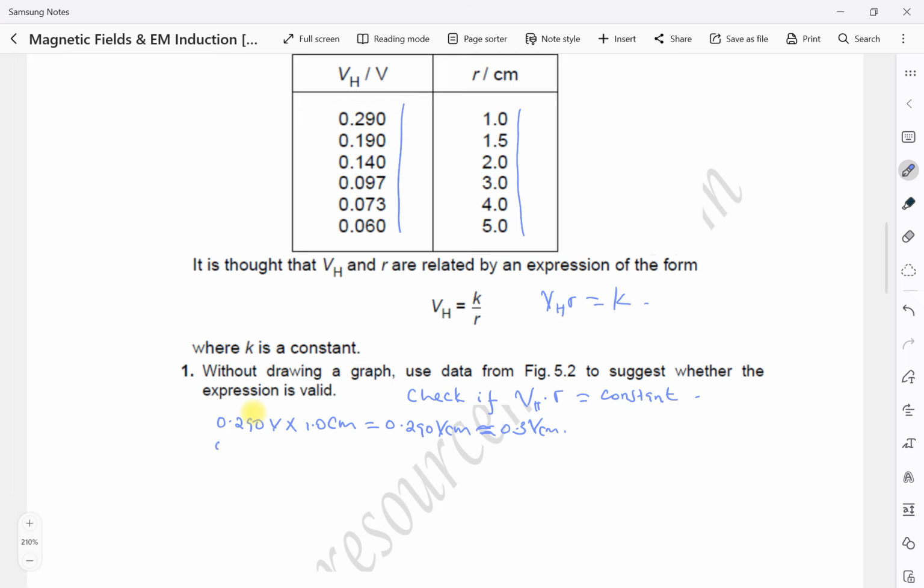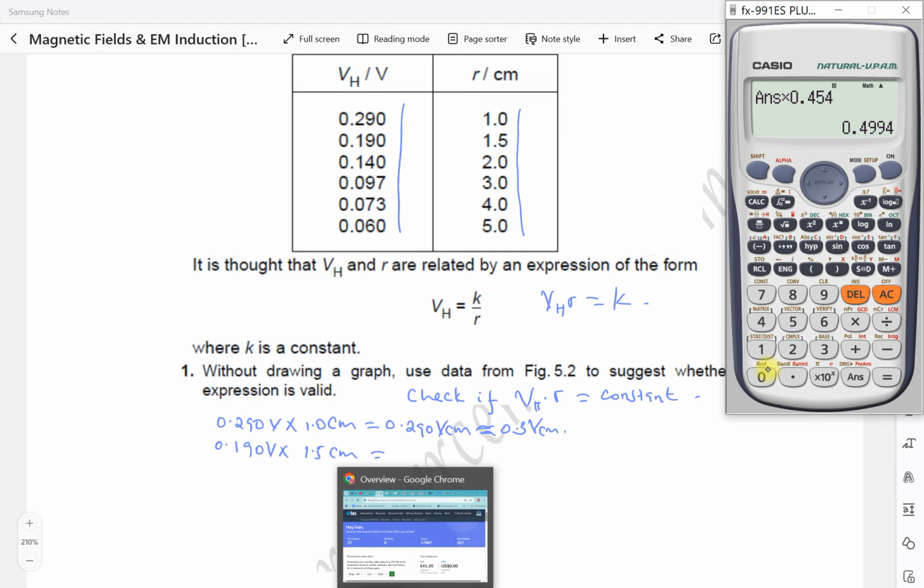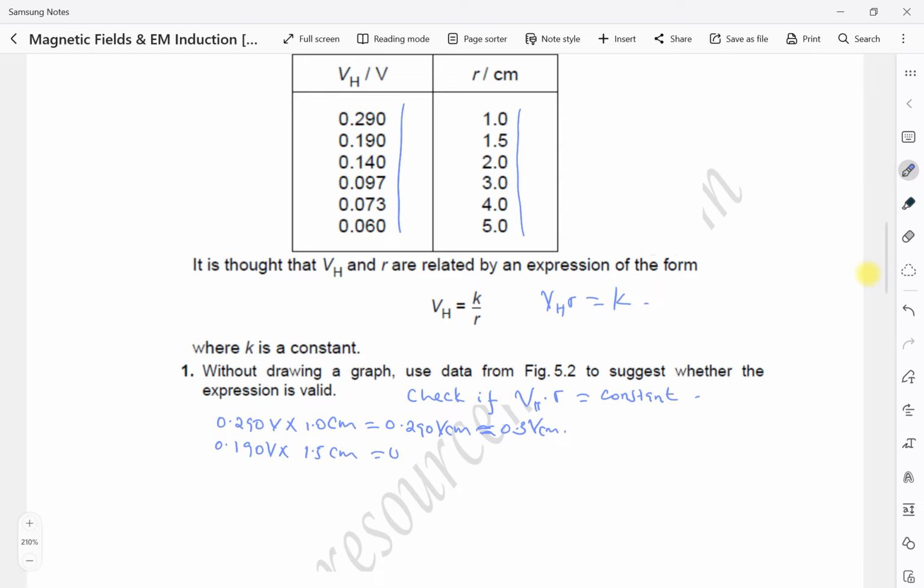I can check the second one, 0.190 volts times 1.5 centimeters, that is 0.285 volts centimeters, which is approximately 0.3 volts centimeters to one significant figure, or approximately 0.29.